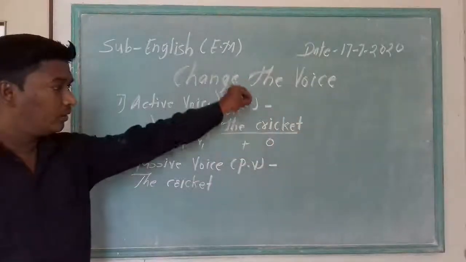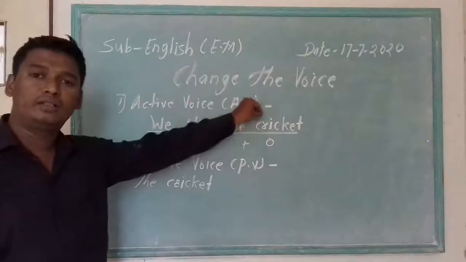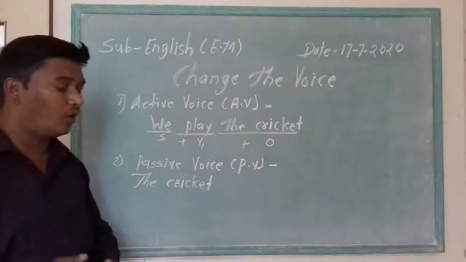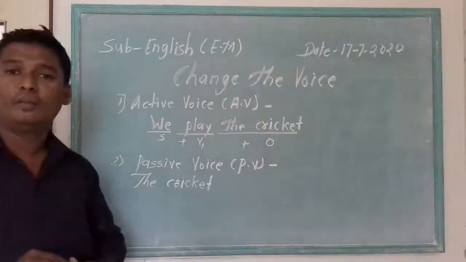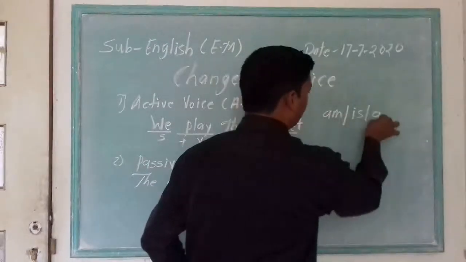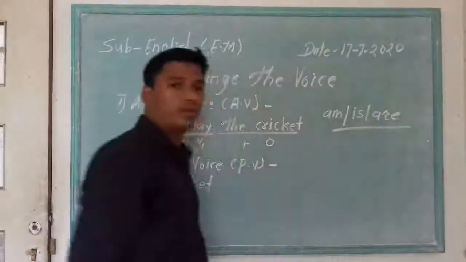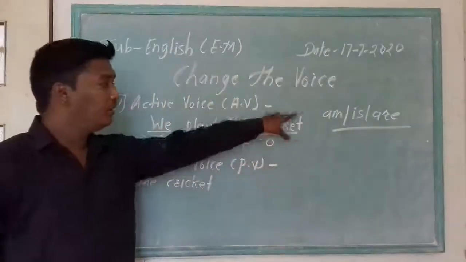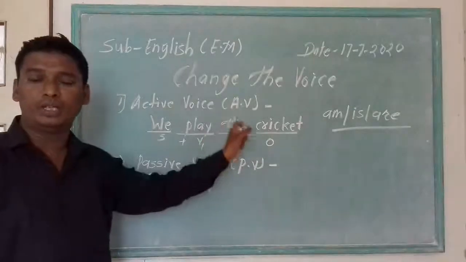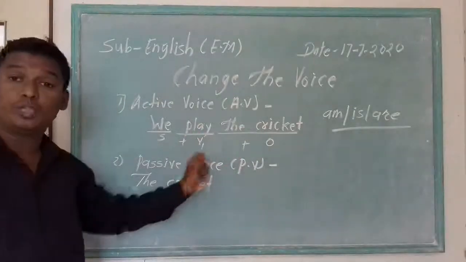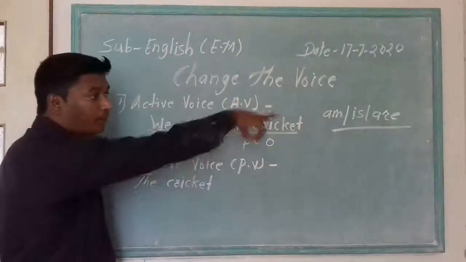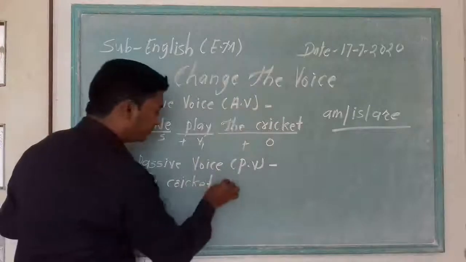We knew that the tense of the given sentence is simple present. And what are the auxiliary verbs of present tense? Am, is and are. We have to take proper auxiliary verb among these verbs after object according to the tense and according to the number of subject. The cricket is singular, so take proper auxiliary verb is.